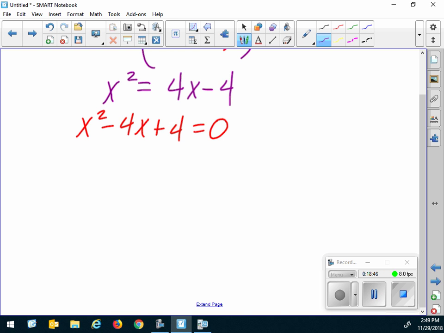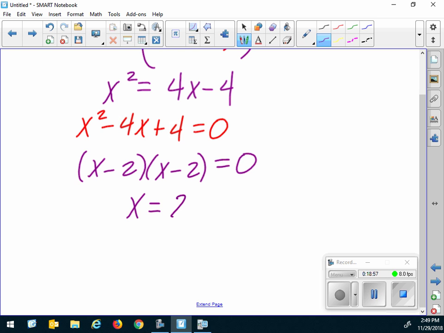Going to factor it. Good. It's x minus 2 times x minus 2. So x equals 2, I just got one answer. I really got two answers, they just happen to be the same one.